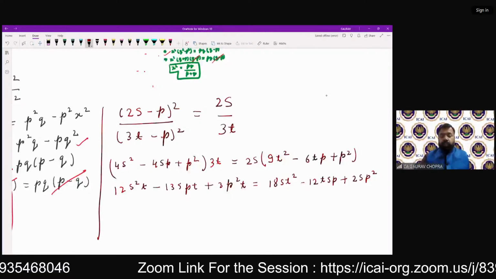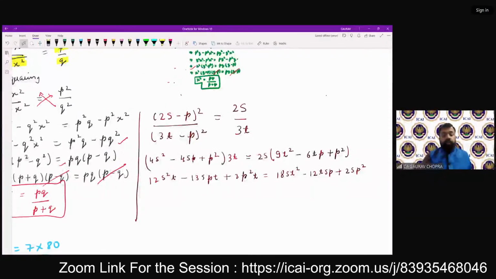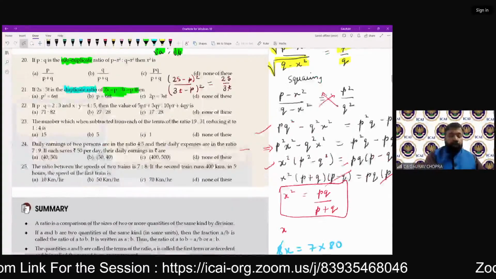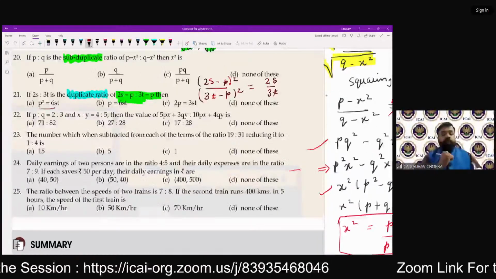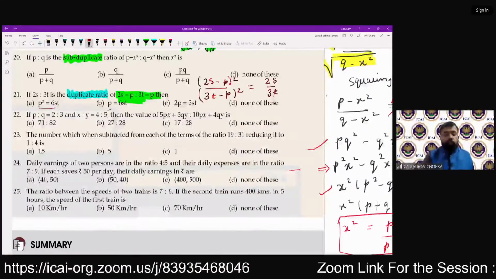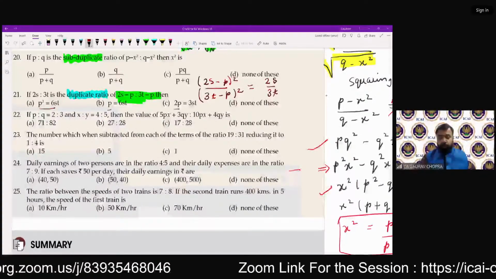Now, is there anything common? We have to find that and see which of the options we are getting. The option is in the form of p square equal to st. So we can find the result in terms of p square or in terms of p. Overall, we have to find the result in terms of p also. Okay.